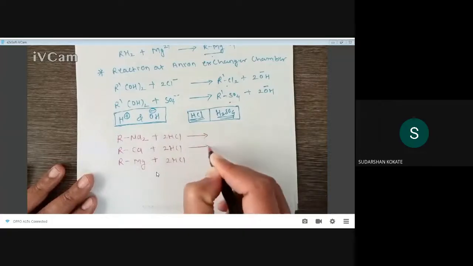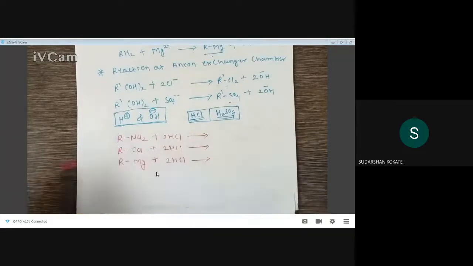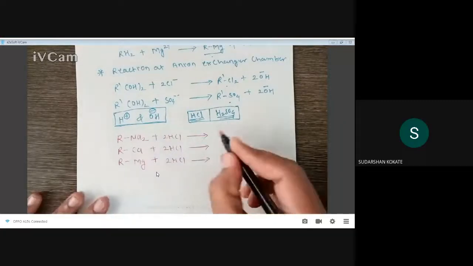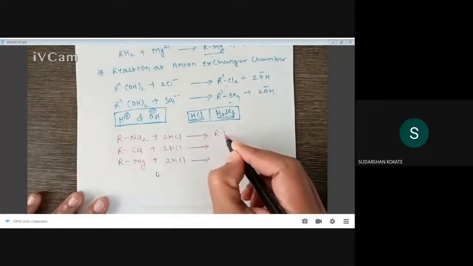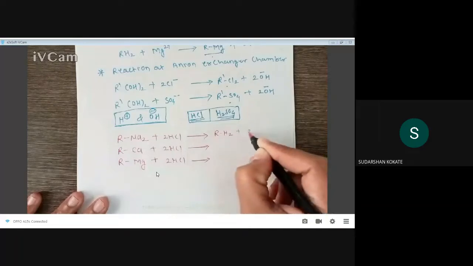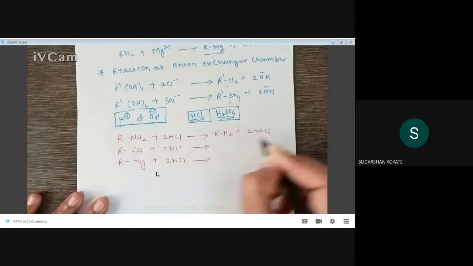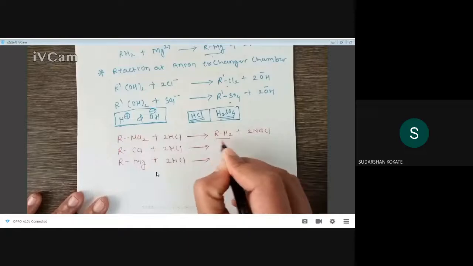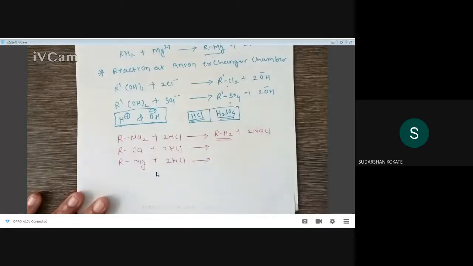Now predict the product. What happened here? It forms RH2 plus twice NaCl, sodium chloride. Yes, very good. Means our resin is regenerated back, right? Without replacing the cation exchanger resin, we can regenerate it a number of times.